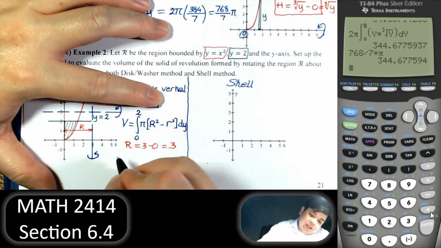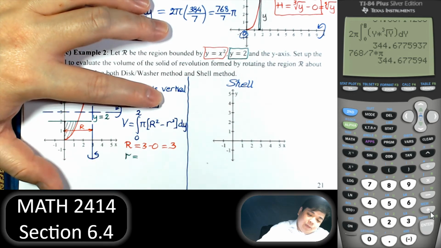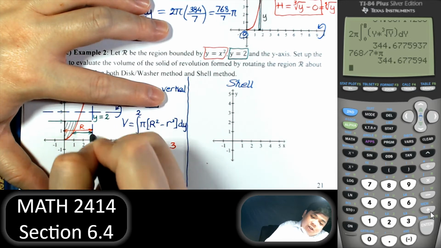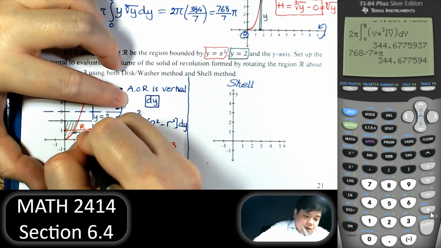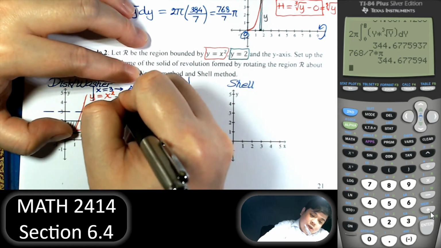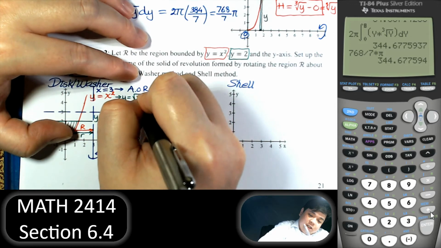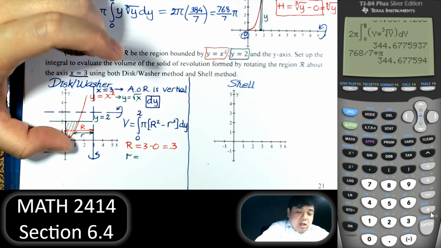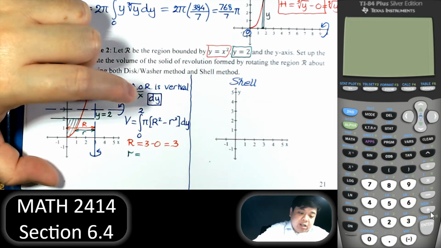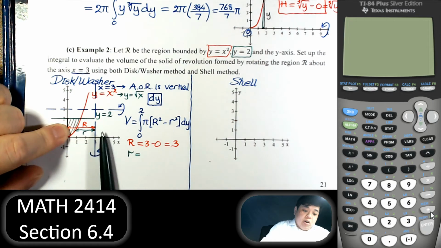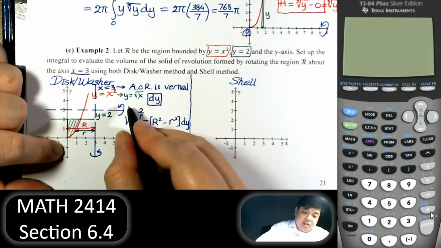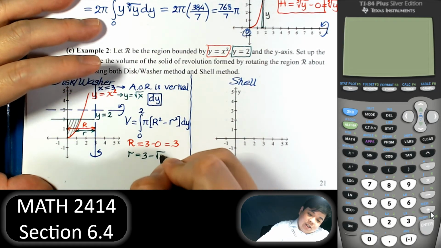And the little r is from the axis of rotation to the inner edge. Now this has to be in terms of y, so I will convert this function to y equal to square root of x. Could be plus or minus, but we're talking about positive in the first quadrant. And the distance will be from the function on the right, which is 3, subtract the function on the left, square root of x.